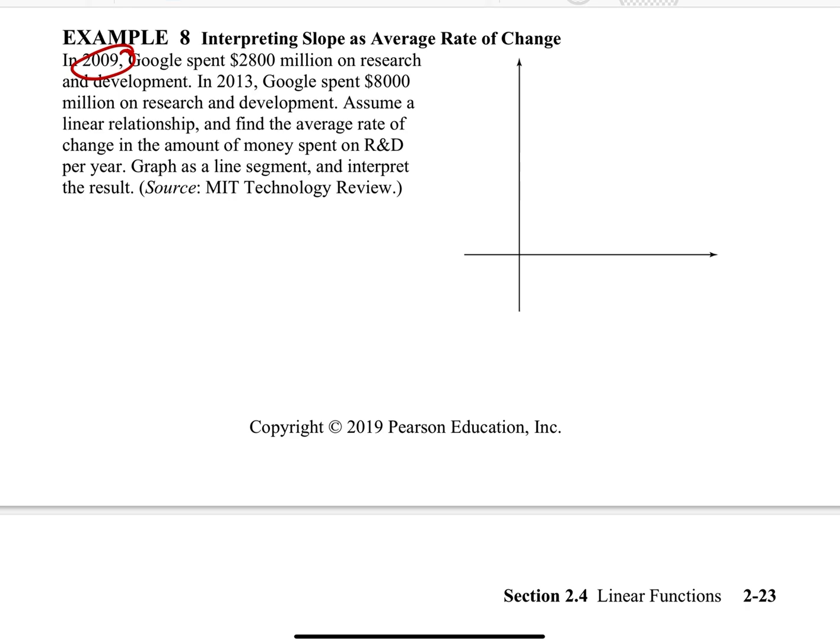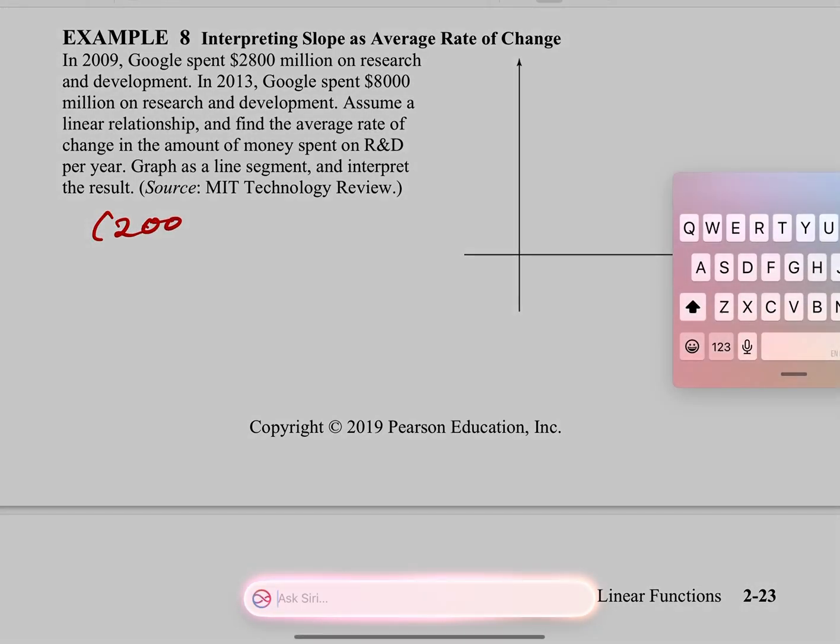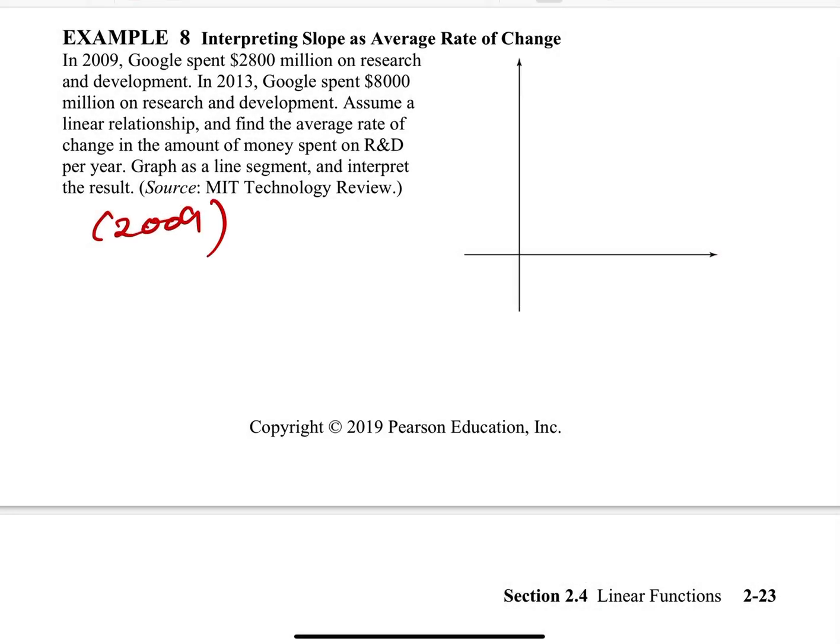If you choose 2009, you have 1 point on the x-axis, and the corresponding point on the y-axis, the Google spend, was 2,800.